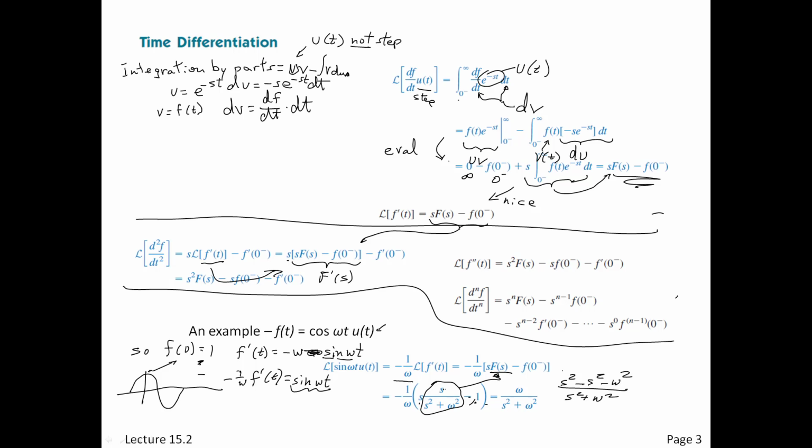And I'm going to multiply this whole thing. So these go away, they cancel. And remember, this is multiplied by -1 over omega. And so that ends up minus cancels minus, omega squared takes away one of these, and I get exactly this, right?